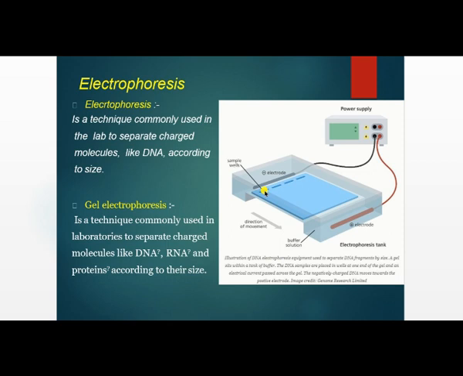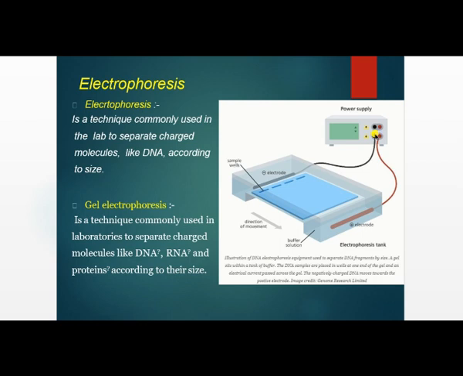The molecules present in that sample get separated out toward this direction, from negative to positive. See here, this black electrode is negative and here the red color is the positive electrode. Both electrodes are attached to this power supply.